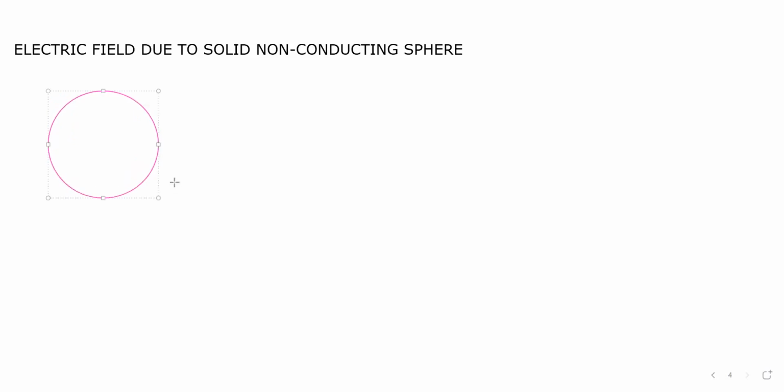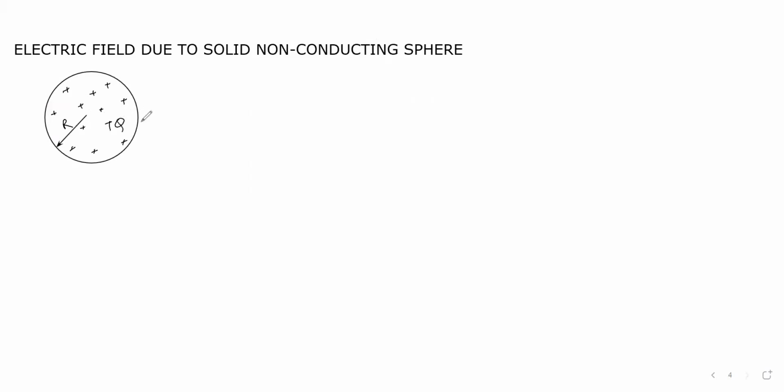Consider a sphere like this of radius capital R having charge plus capital Q. We can consider that the given charge is uniformly distributed throughout the sphere of radius R. Note it down.